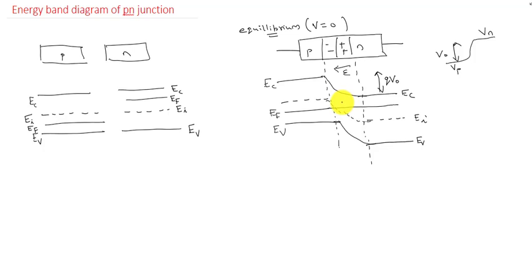Now we can draw the band diagram for biased conditions. Biased condition means we are applying an external voltage. Here the external voltage is 0.